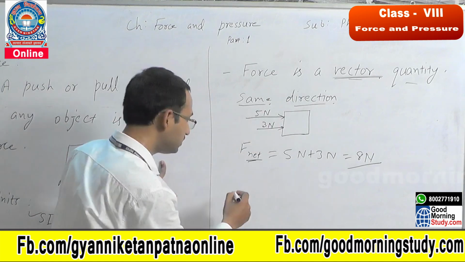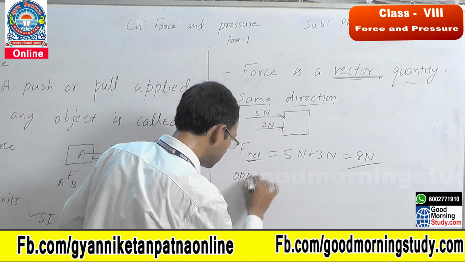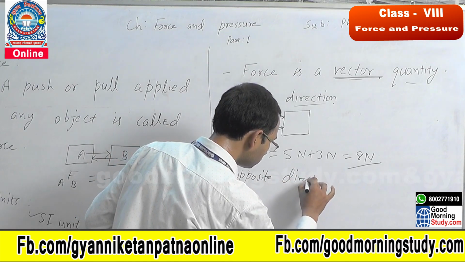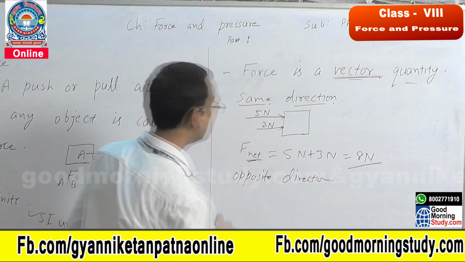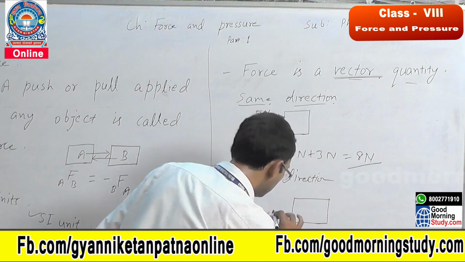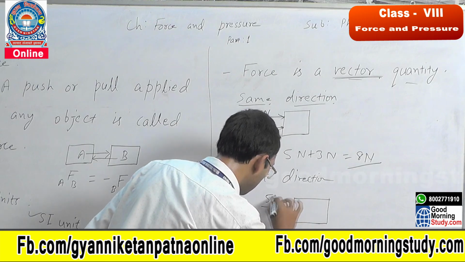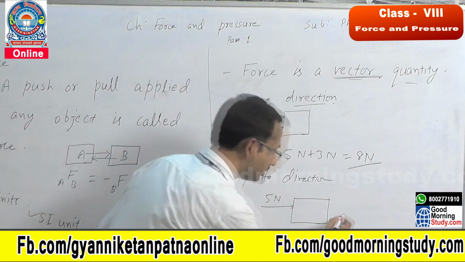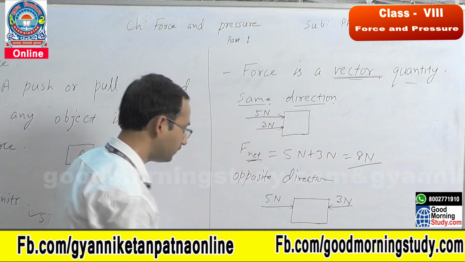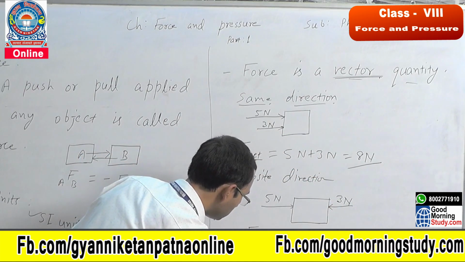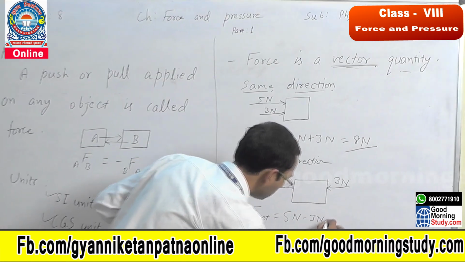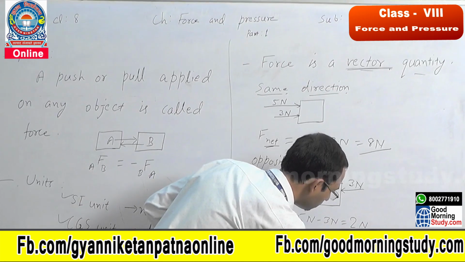Now, if the forces act in opposite directions, suppose one force of 5 Newton acts from this side, and another of 3 Newton acts from the opposite direction, then the net force will be equal to 5 Newton minus 3 Newton, which gives 2 Newton.